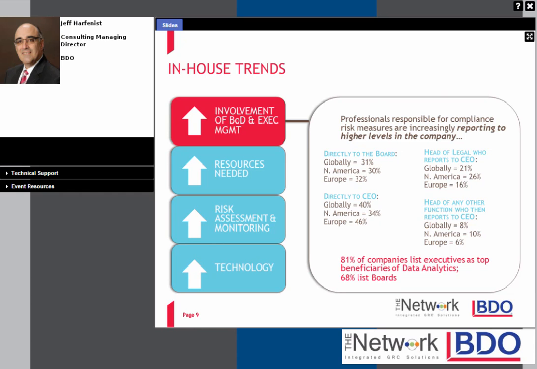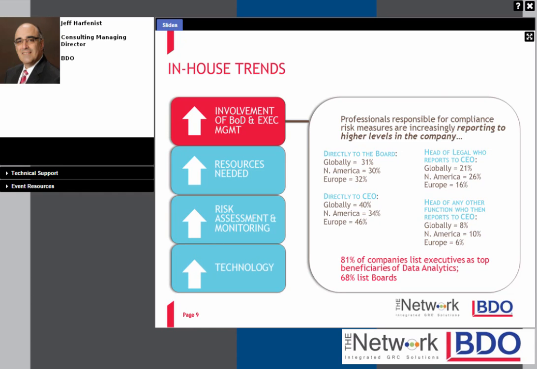Some in-house trends. You can see that with regard to the involvement of the board of directors and executive management, with regard to how these issues are getting reported up, about 30% or so are getting reported directly to the board. A much higher percentage are reporting to the CEO and to the CEO through the general counsel.